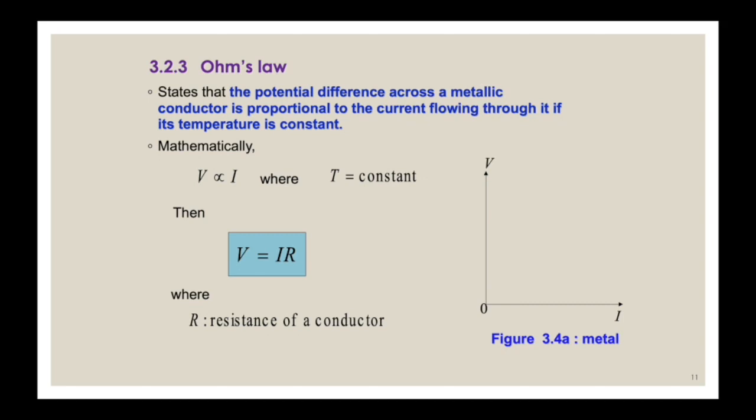When we do the experiment and vary the value of V or I, we get this graph. The graph shows that V is directly proportional to I, where the gradient of the graph is our resistance R. You know how to get the gradient from the graph, this is a very simple thing.